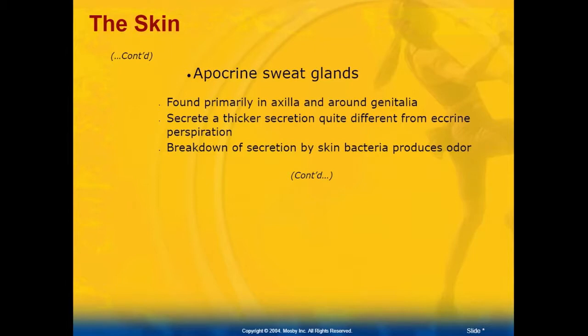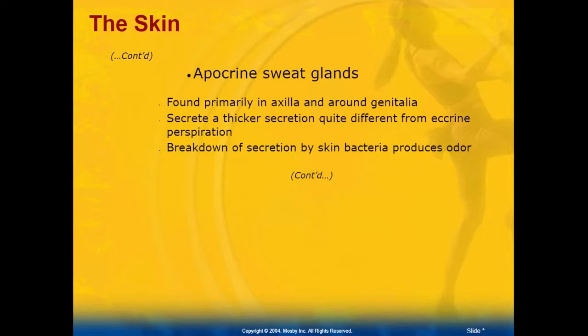Definitely do what you need to here, because you can wipe the eccrine sweat off, but you can't wipe this off. You can't say, raise your arm, let me wipe that off. You're not going to be working on a lot of these areas where the apocrine glands are most prominent.